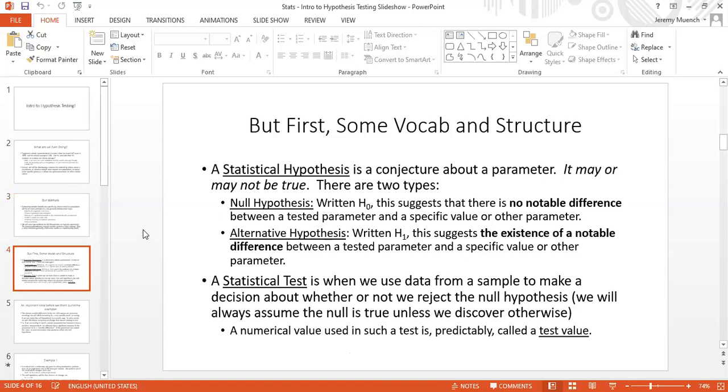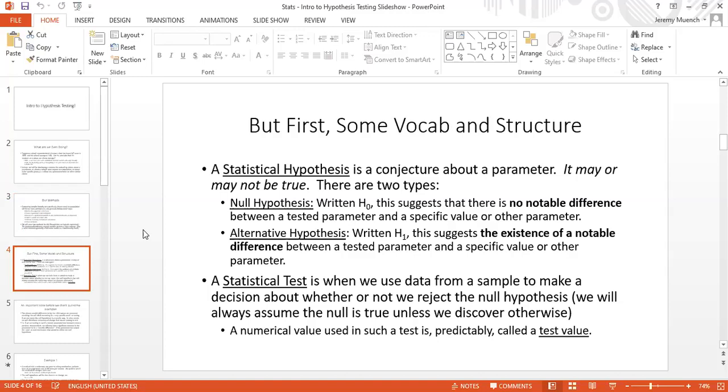So let's talk a little bit about some vocab here. This is what we're going to be dealing with today. So let's talk about hypotheses. A statistical hypothesis is a conjecture about a parameter. And remember, a population parameter is our baseline. A population parameter would be like a mean, a standard deviation, a proportion.